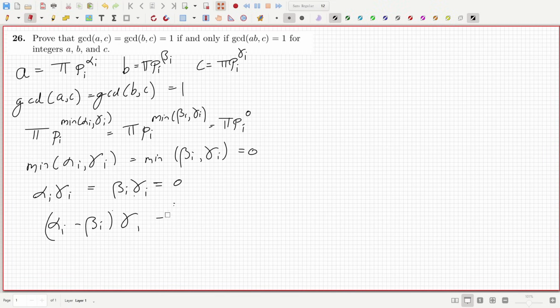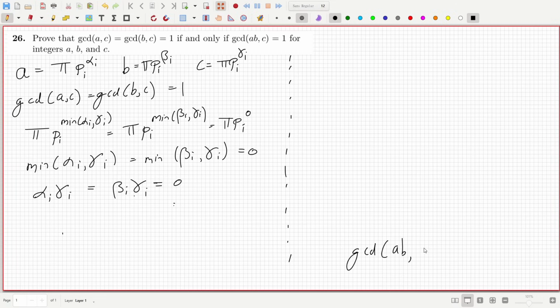I'm going to do my little trick I sometimes advise students: when you're not sure which way to go on a proof, start at the end and see if you can connect up with this one. So at the end, we would have GCD(ABC) equals 1.